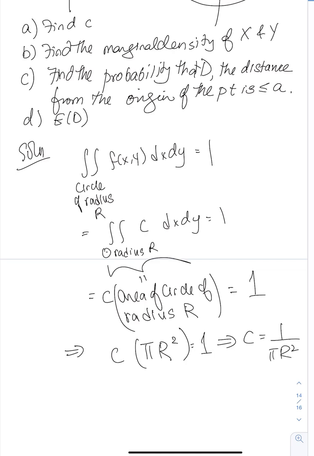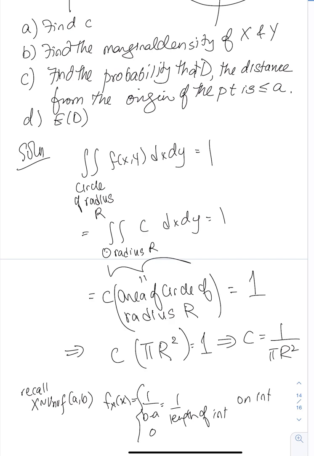So you see this is analogous to what you have for a uniform random variable on an interval. If X is uniform (a, b), then the density of X will be 1 over b minus a, that's 1 over the length of the interval, on the interval, and it is 0 otherwise.